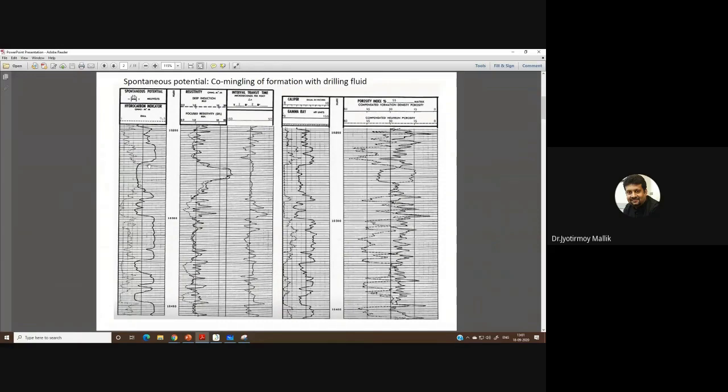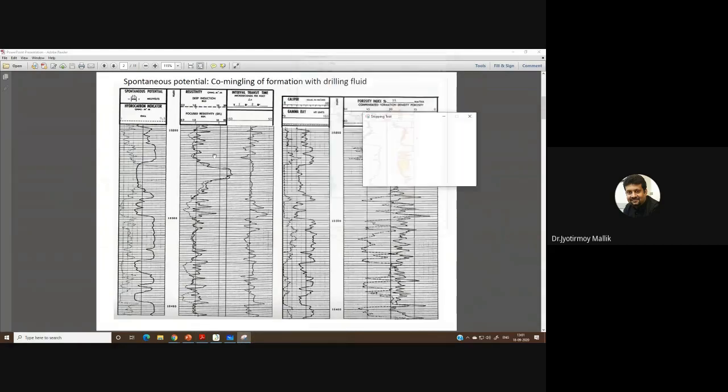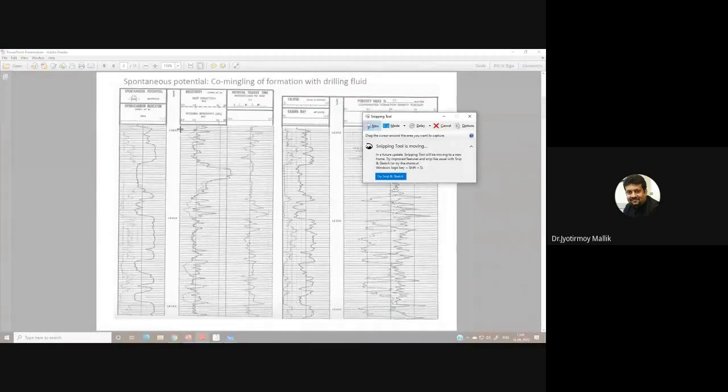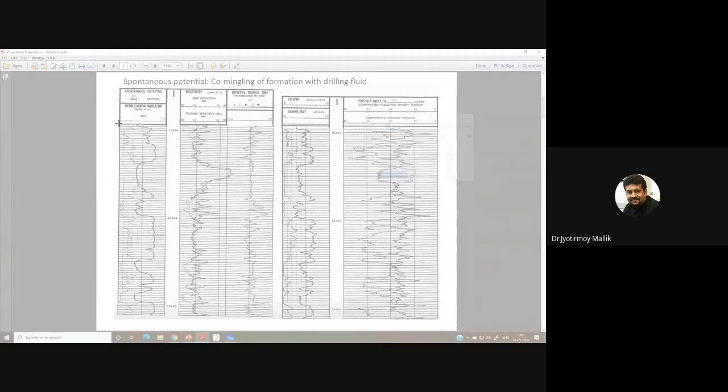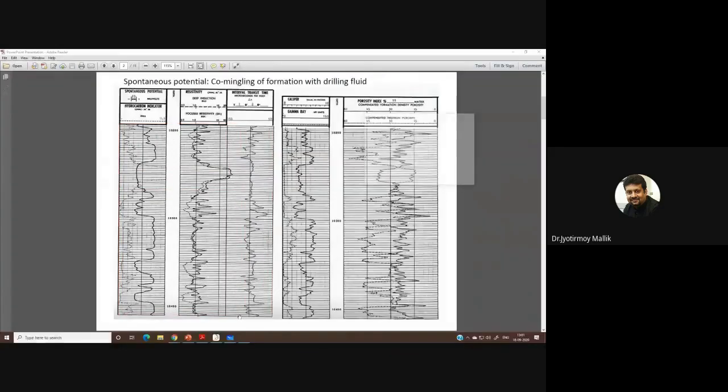So if I ask you which one is my sandstone section, let's take a snip and explain. Let us just take the spontaneous potential and the resistivity. From spontaneous potential, we can also distinguish sandstone and shale.